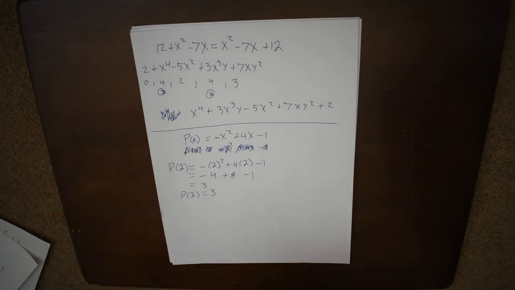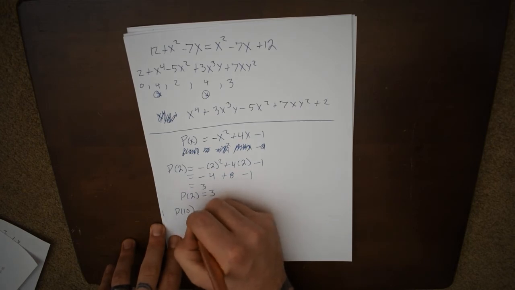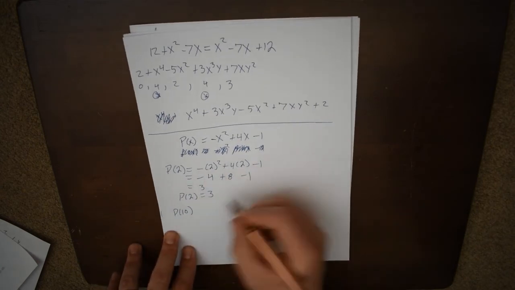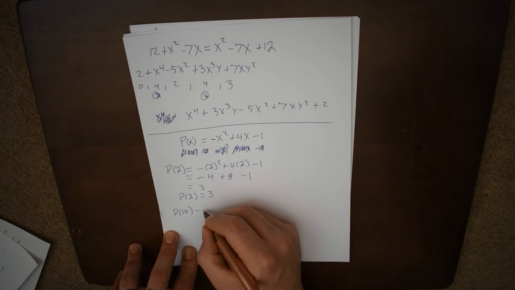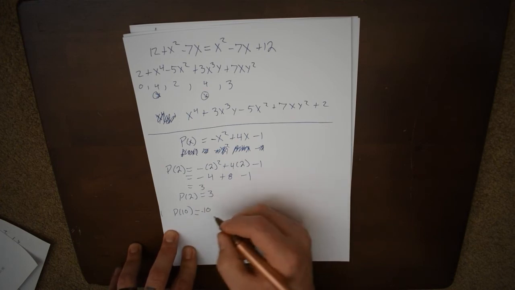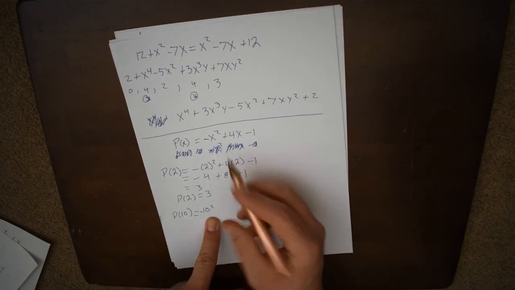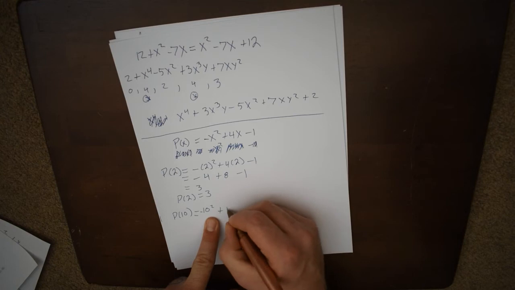We could do p of 10. And same thing, wherever we had an x in the original, we're going to replace with a 10.